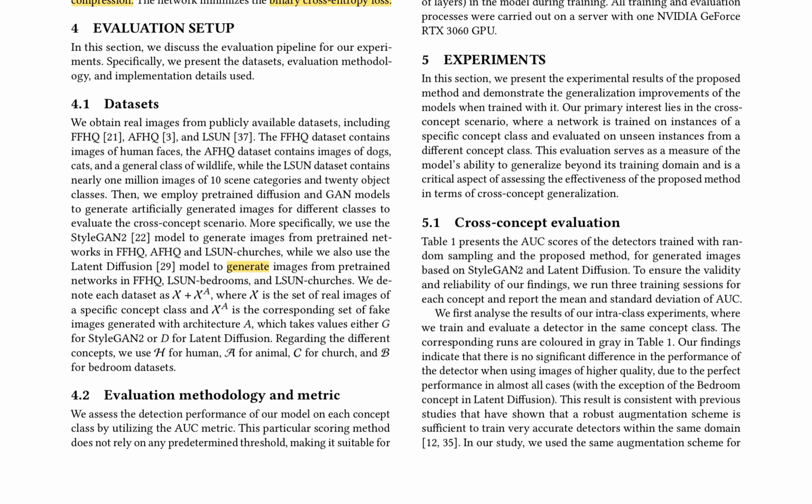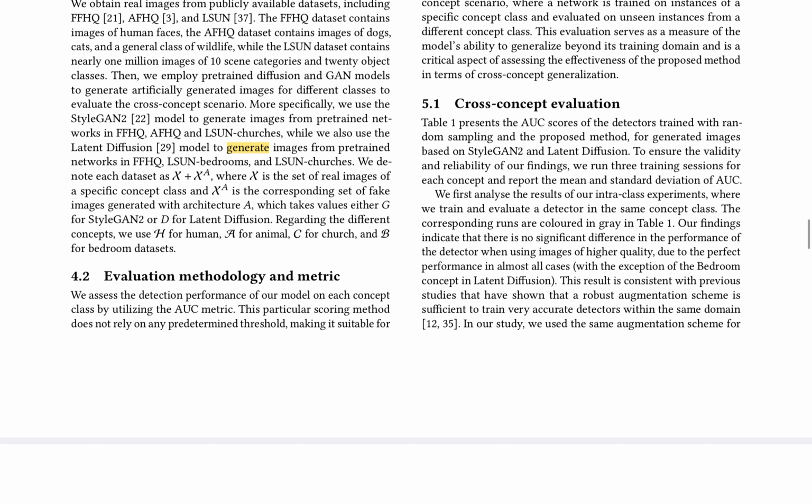We denote each dataset as X plus X of A, where X is a set of real images of the specific concept class. X of A is the corresponding set of fake images generated with an architecture A, which takes the value either G for StyleGAN2 or D for latent diffusion. Regarding the different concepts, we use H for human, A for animal, C for church, B for bedroom datasets.